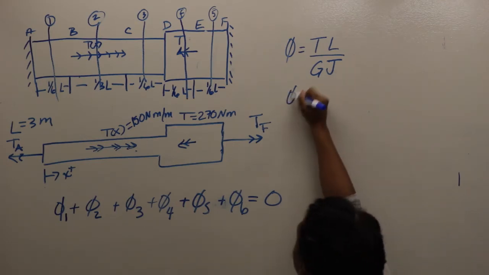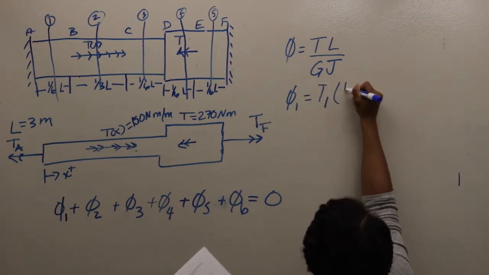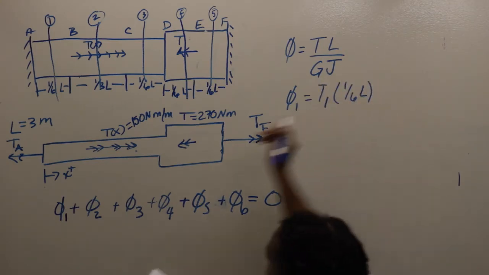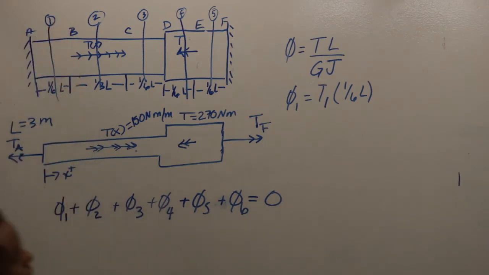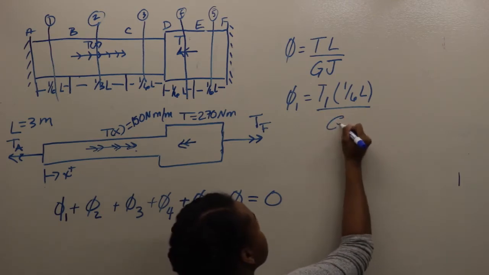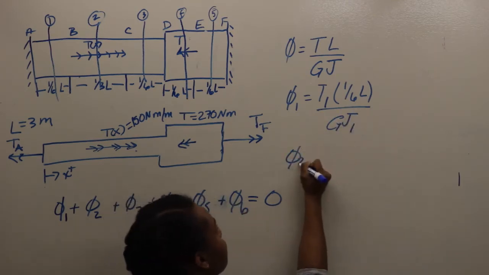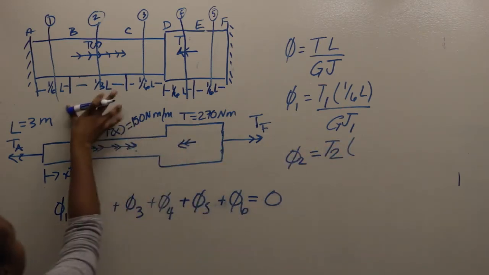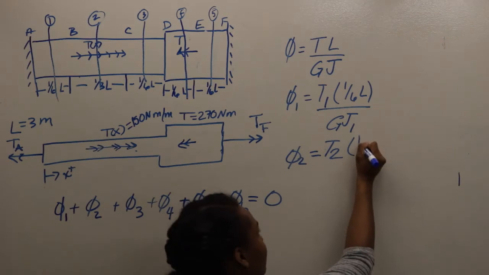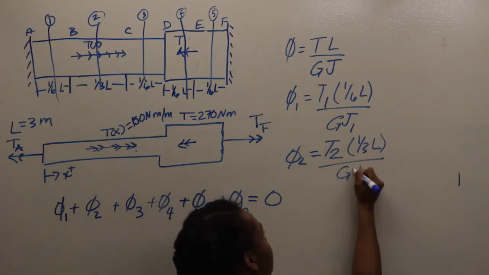For 1, it's T1 times 1/6 of the length, over GJ1. For 2, T2, and this length is actually 1/3 of the total length over GJ1.